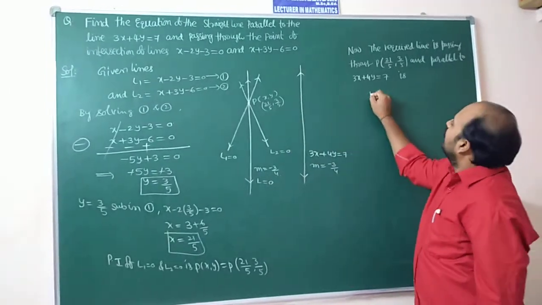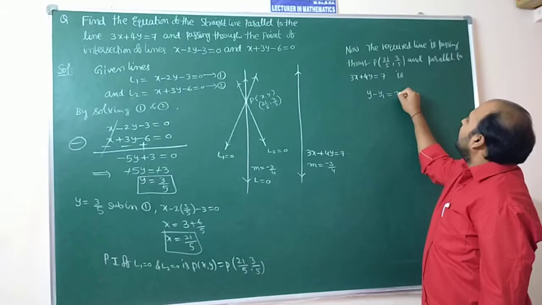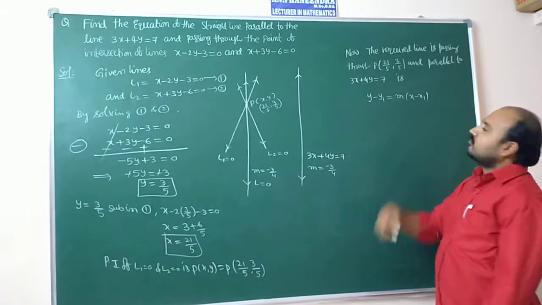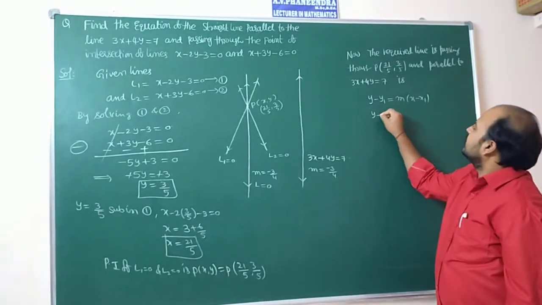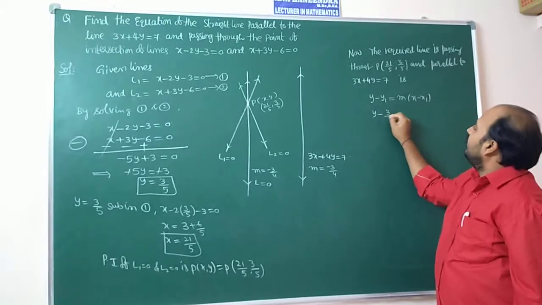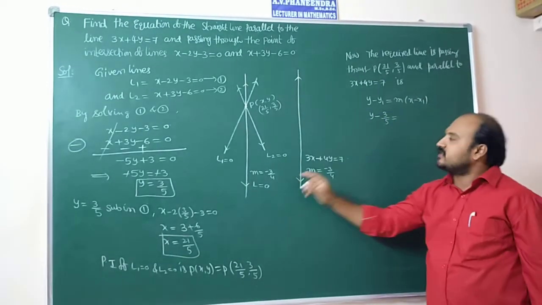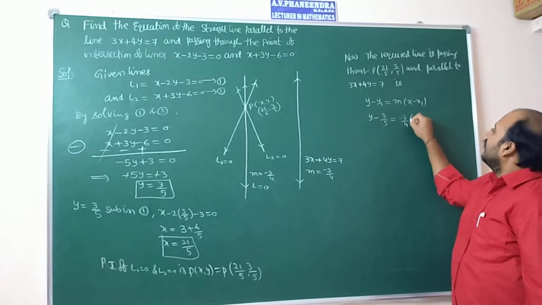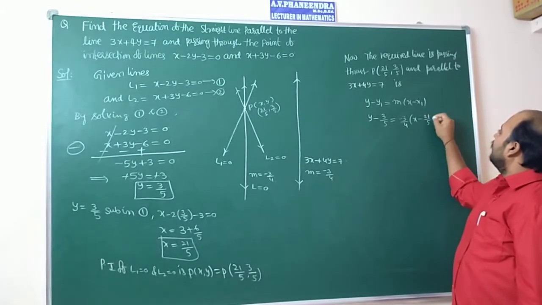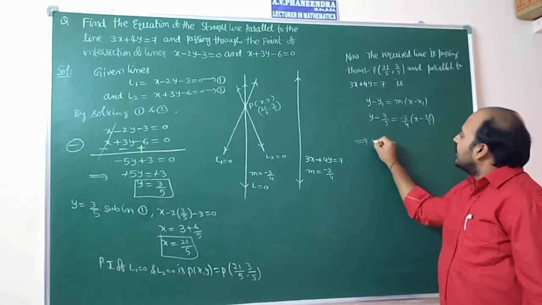Y minus y1 equal to m into x minus x1. Y minus y1 value is 3 by 5, m value is minus 3 by 4 into x minus 21 by 5. Both sides take LCM.